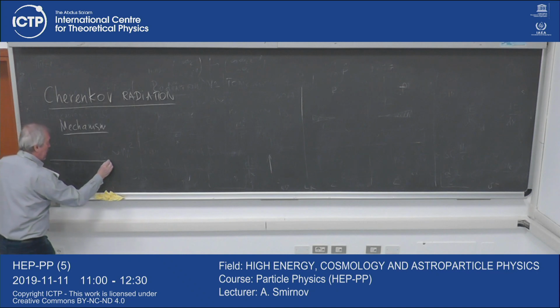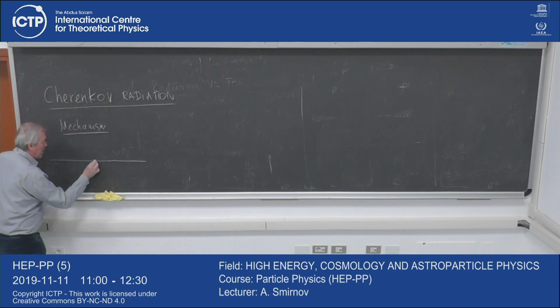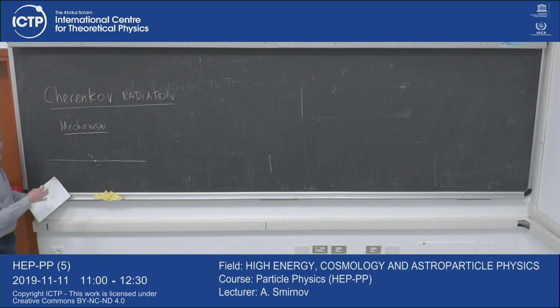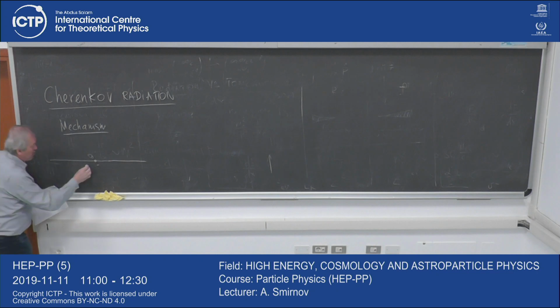Now schematically I can show you in this way: a particle, and suppose this is a negative particle. Then you have plus, minus molecules and atoms which are polarized.